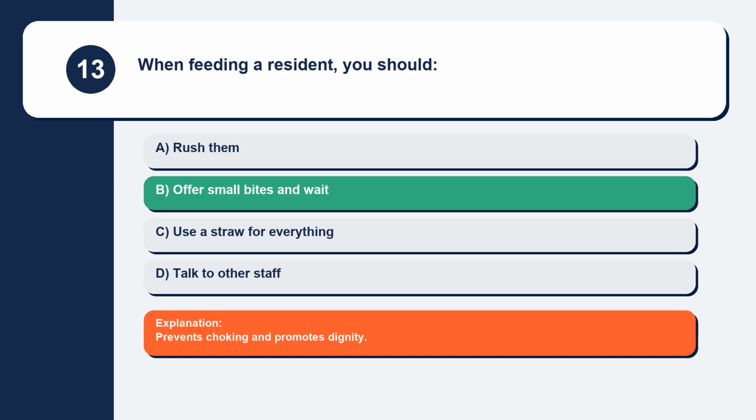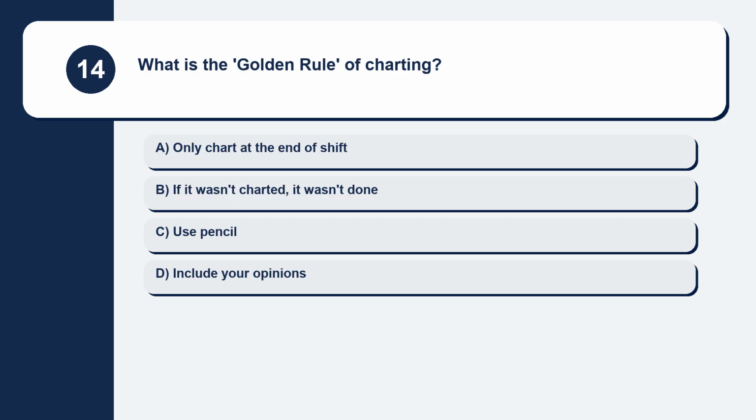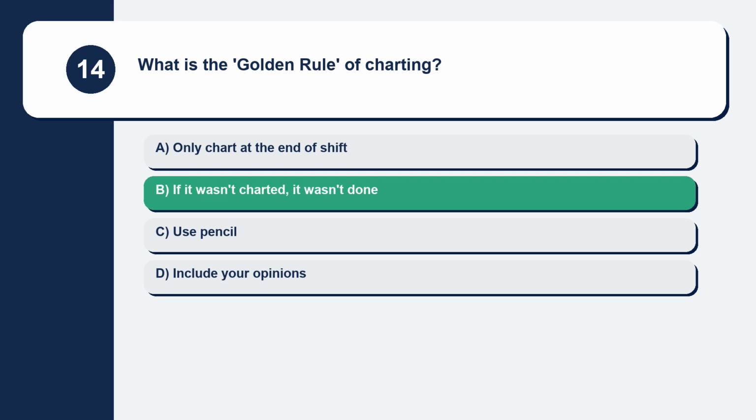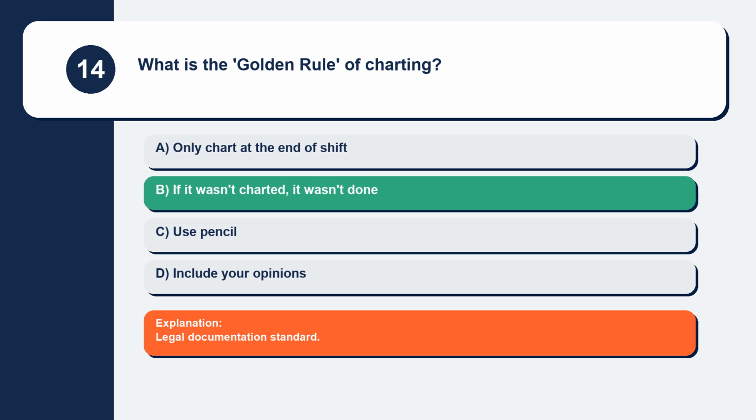Prevents choking and promotes dignity. Question 14. What is the golden rule of charting? Only chart at the end of shift. If it wasn't charted, it wasn't done. Use pencil. Include your opinions. Legal documentation standard.